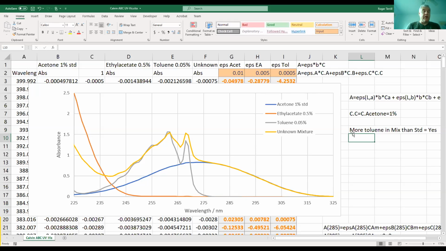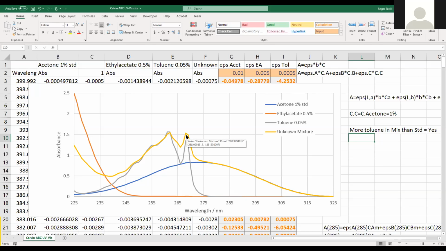I have one question for you, however. What about the acetone? The acetone at that exact same wavelength. If there's 1% acetone in this standard, how much is that contributing to the absorbance at this wavelength?